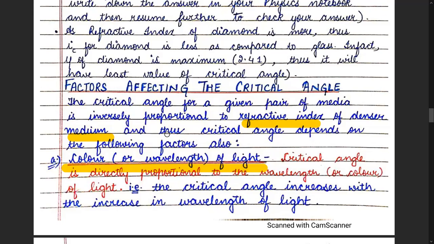Now students, critical angle is inversely proportional to refractive index, and refractive index is inversely proportional to wavelength. Thus we can say that critical angle is directly proportional to the wavelength of light.